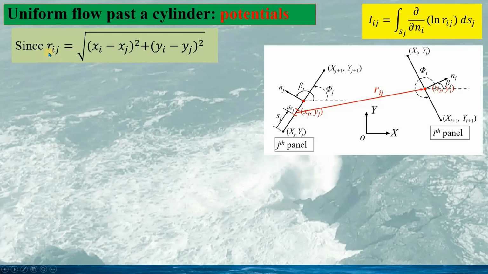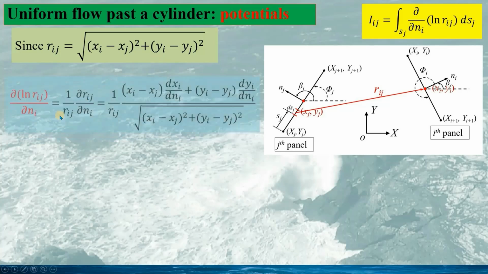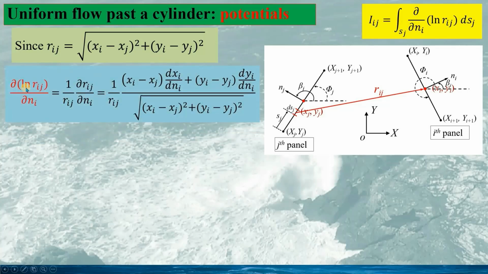And the distance Rij is calculated from the source segment dsj, with coordinates xj and yj, to the control point xi, yi, calculated as this. And the partial differentiation of ln Rij with regard to Ni is calculated as this and given as this.